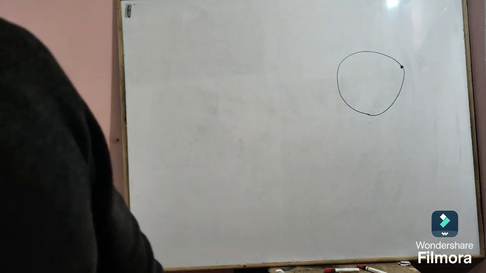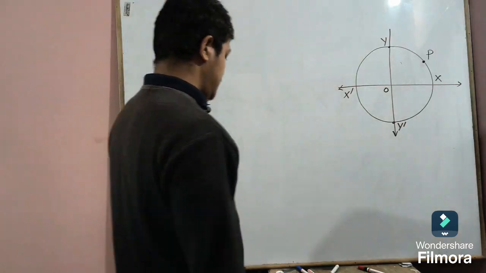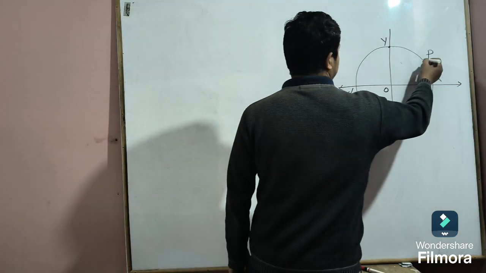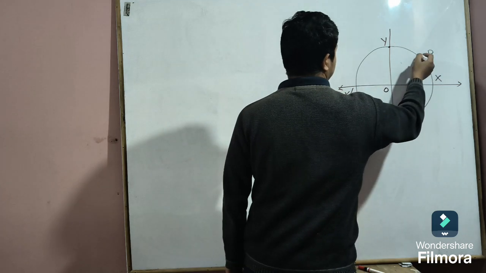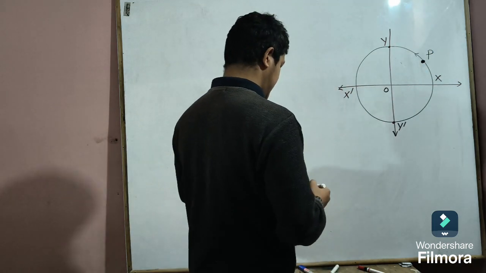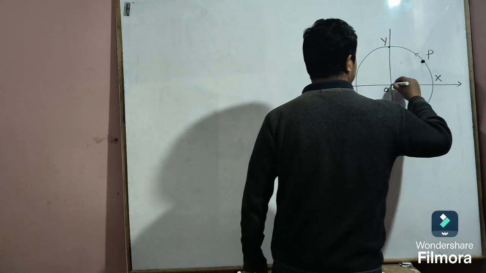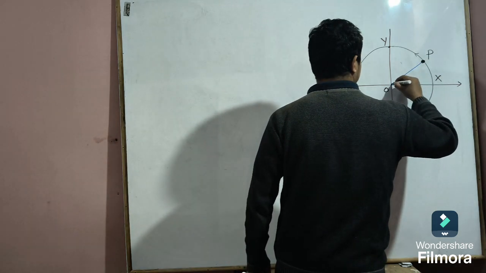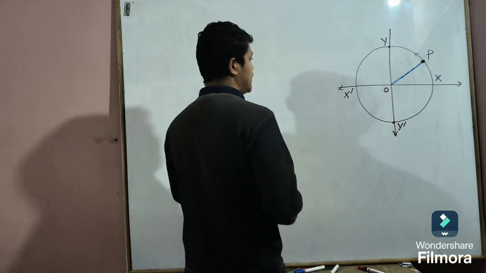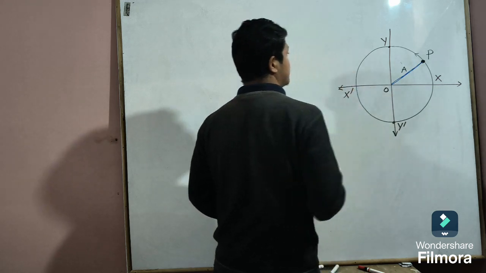Just wait, give me a second. So here you can see, this is a particle moving in this direction along this circular path, and let me take the radius of this circular path as capital A.